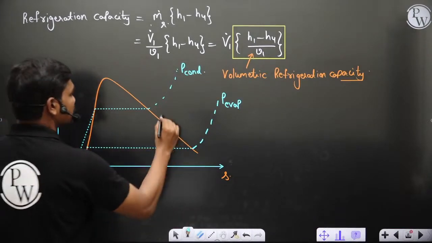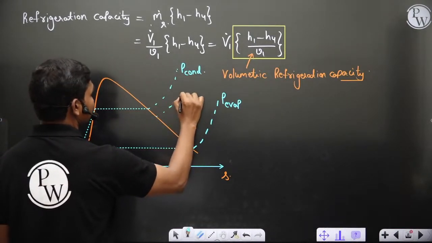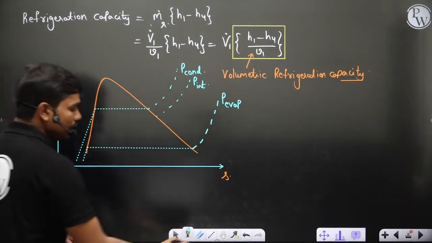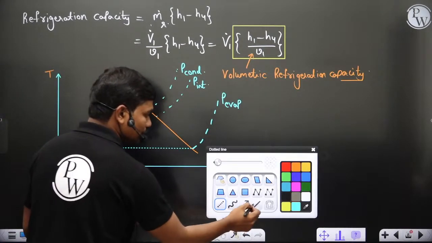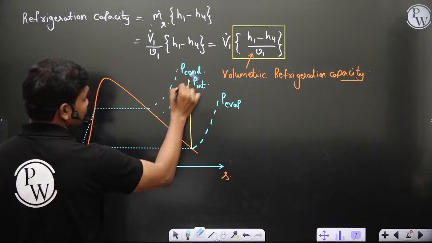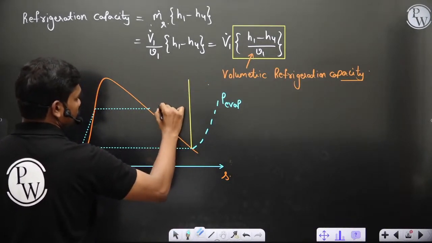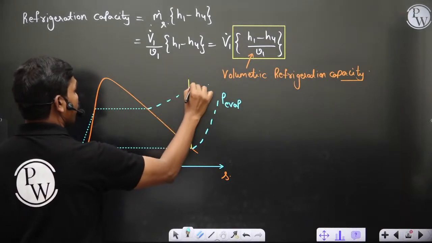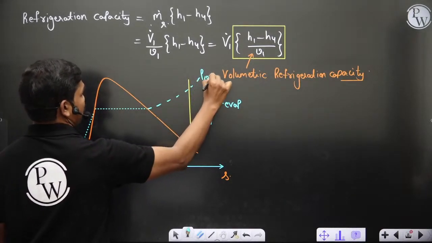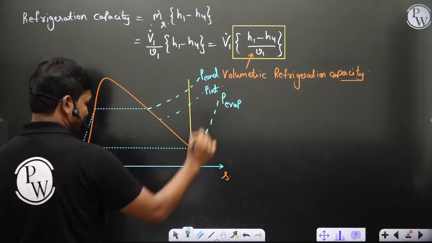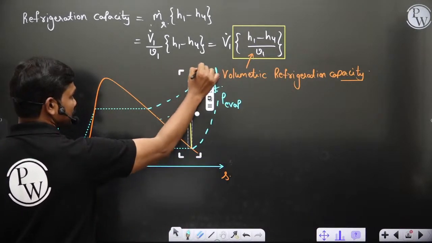And this is P intermediate somewhere. Now let's say first I'll draw the VCRS. Oh, I think it's going very long. So this is P condenser and this is P intermediate, maybe somewhere, okay. So that you have the VCRS like this.